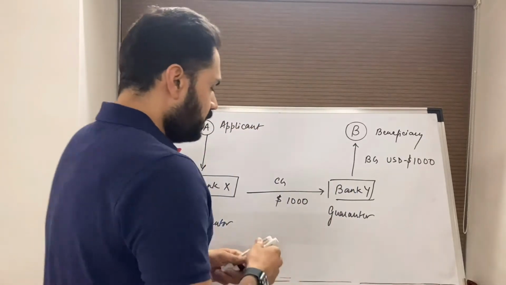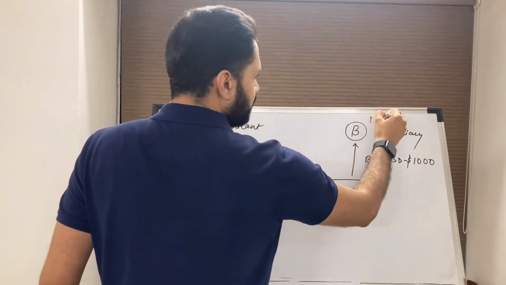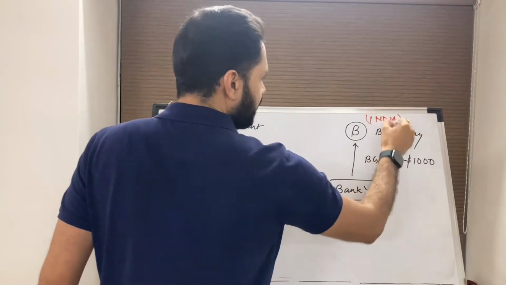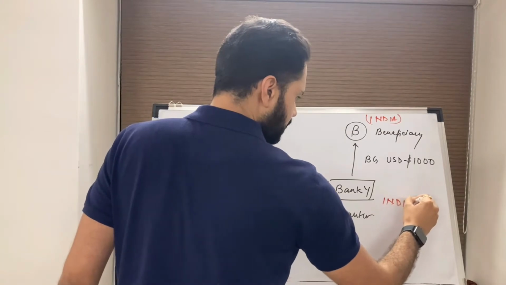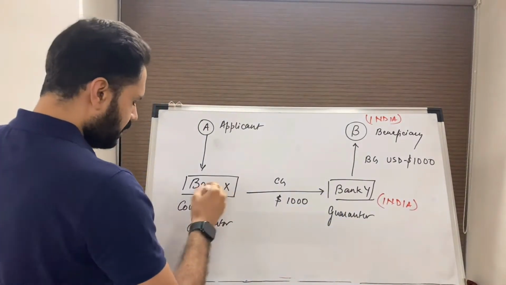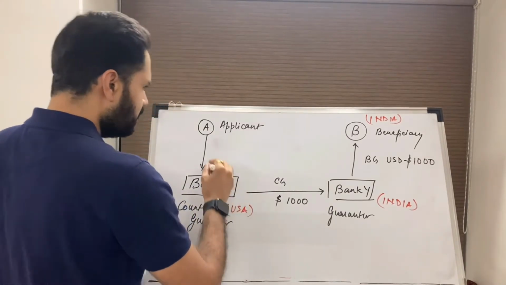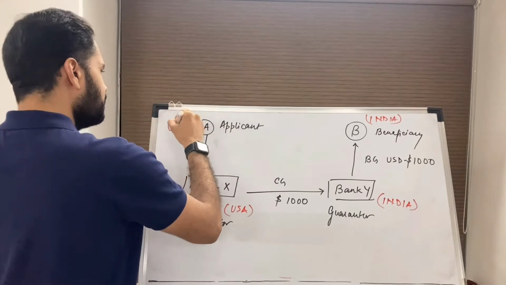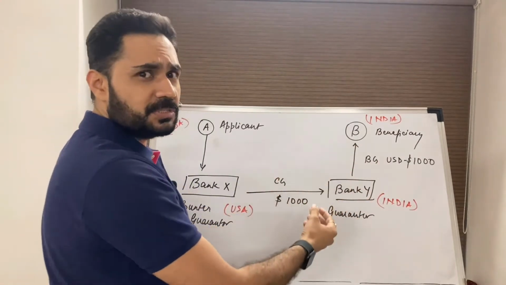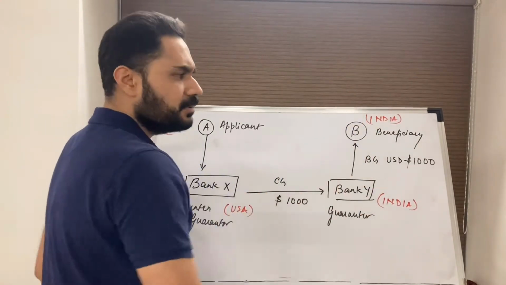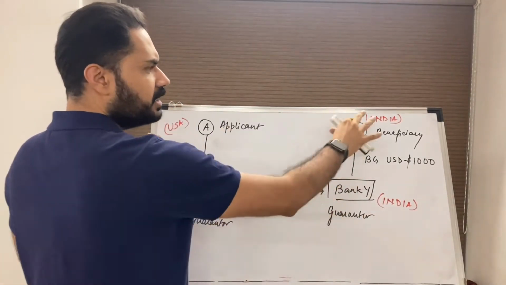Let's take an example: the beneficiary is in India, Bank Y is in India, Bank X is in USA, and the applicant is in USA. Since we are dealing with currency, there is no need to mention the specific location of the branch which issued the guarantee, because the currency is applicable to the entire country. So we are considering only the countries in this example.